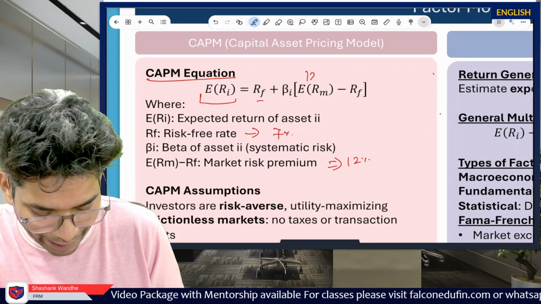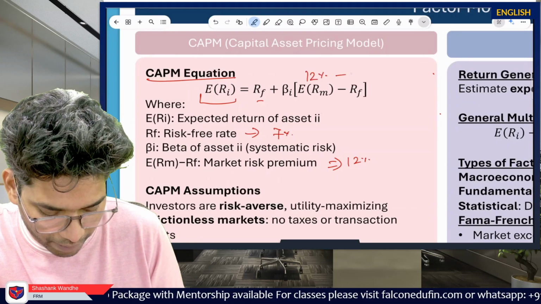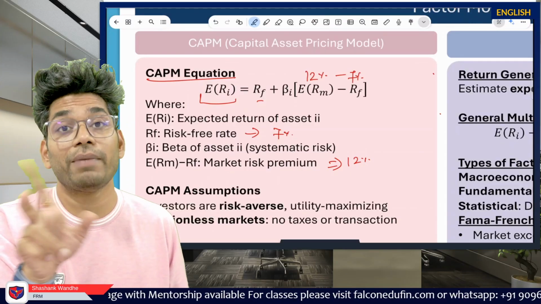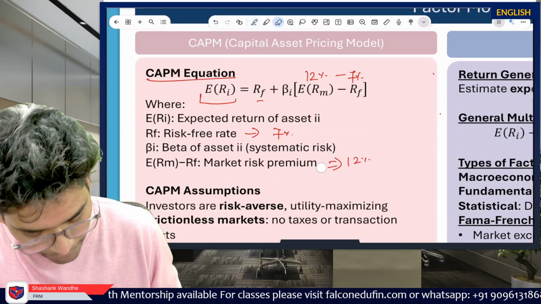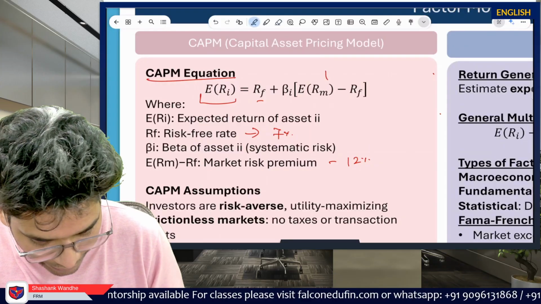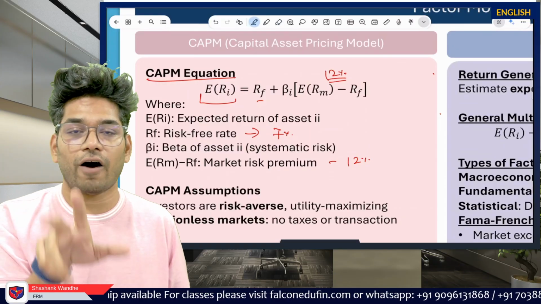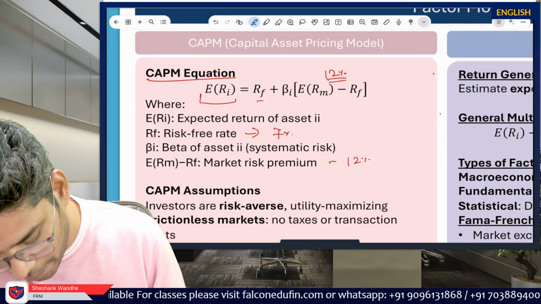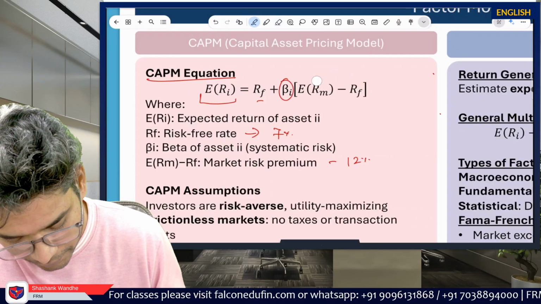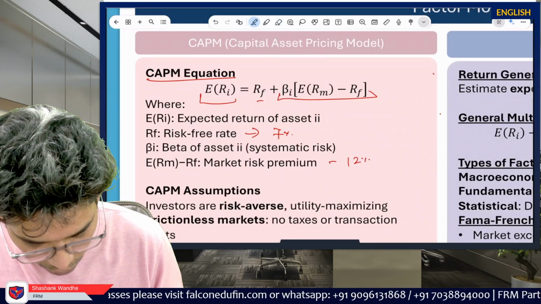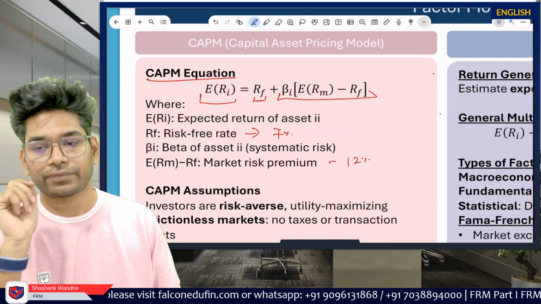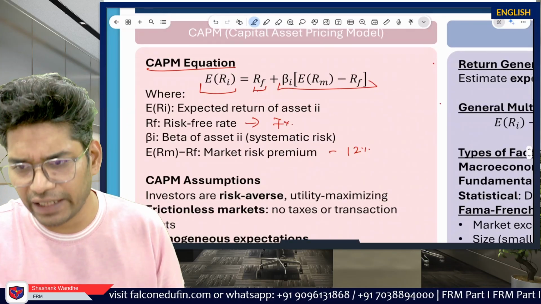You may end up taking 12 minus 7%. That is a mistake. This 12% is already the solved answer of RM minus RF. Then you multiply it with the beta, and then you add the RF. Okay, simple.